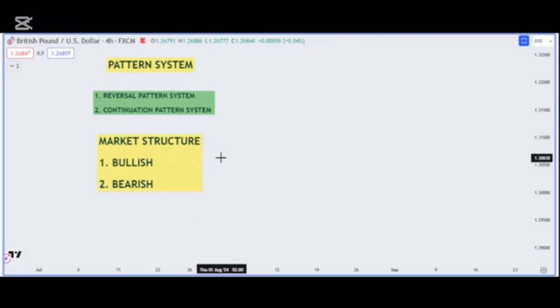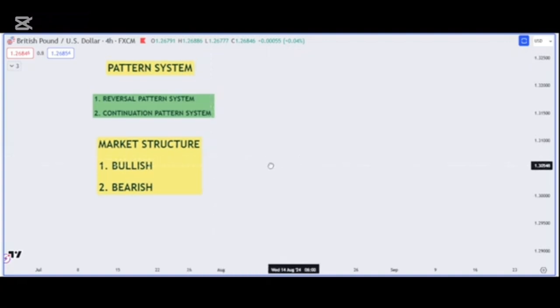So this market structure is very, very important if you want to be able to use this continuation pattern very well to make a lot of money in this market.